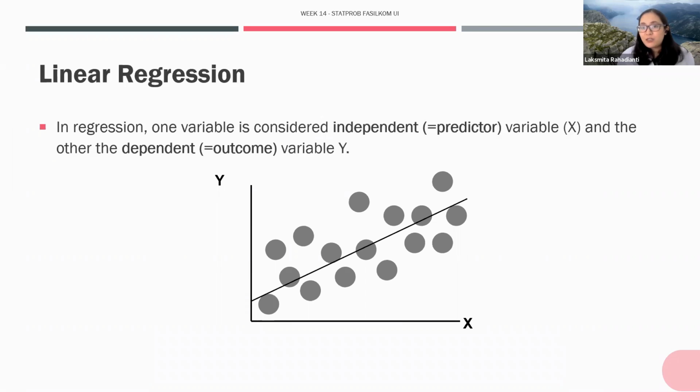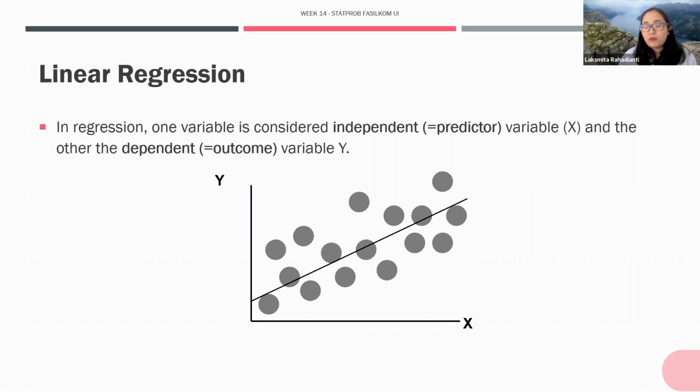That is what we're trying to model with linear regression. With a regression problem, we assume that one variable is the predictor, it's independent, in this case X, and the other one is the outcome variable or the dependent variable, Y. So in other words, for every value of X, what is Y?